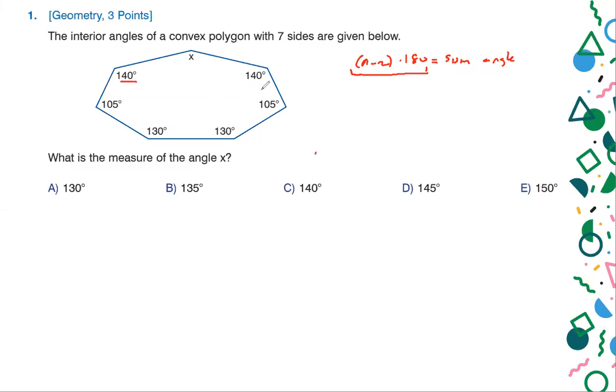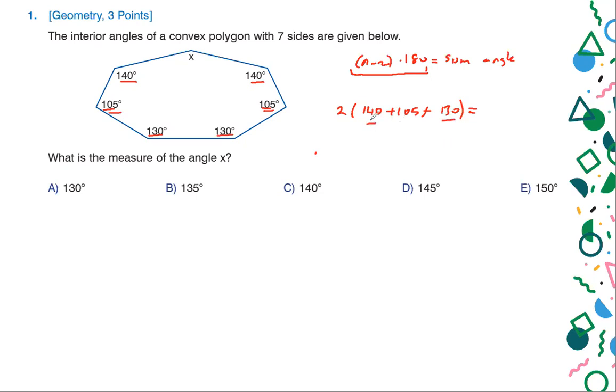If you add these numbers, but be smart, we have 2 copies of them, so that is 2 times 140, and then we have 2 copies of 105, and 2 copies of 130. We are allowed to use a calculator, so you don't have to do this much work, but I will do this anyway.